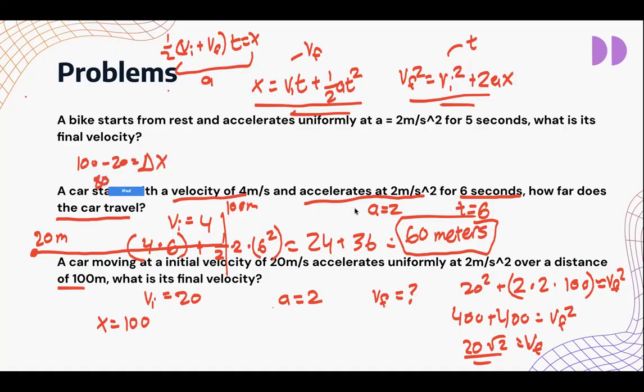So it's just 80 meters. But in this case, it's just over a distance of 100 meters, so it's assuming that it starts from 0 meters and then goes 100 meters. The change in the position of the car is just 100 meters. Does that make sense?